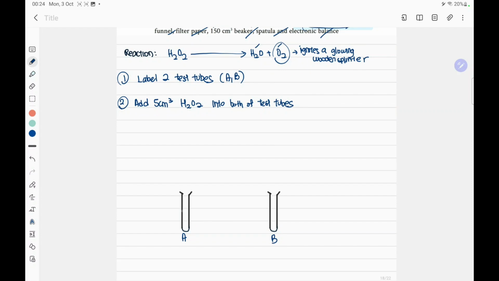So this test tube gets 5 cm cube of H2O2, and this one also gets 5 cm cube of H2O2.